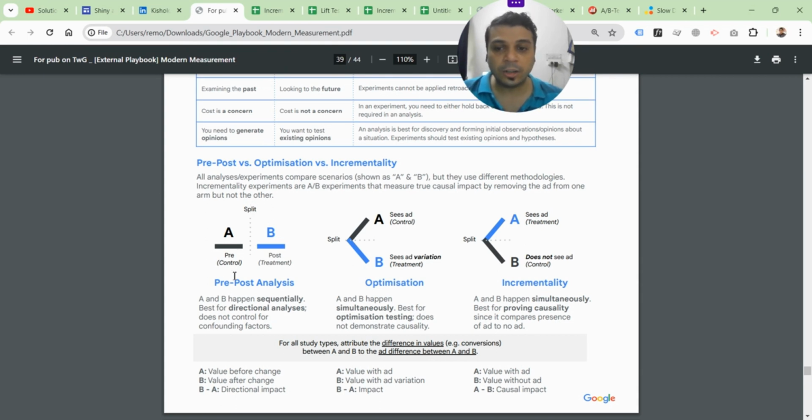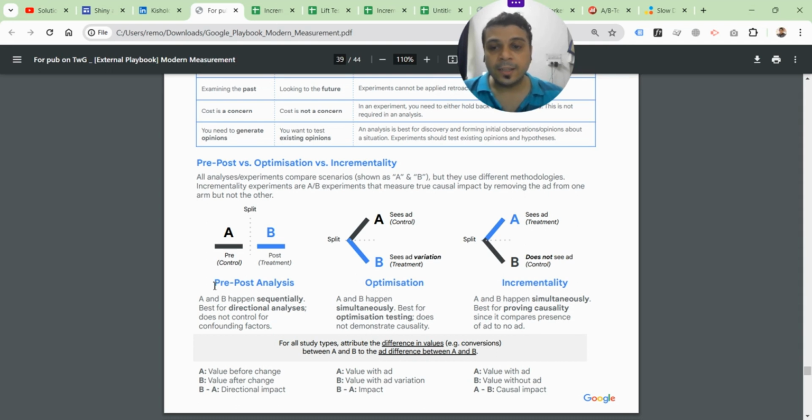So strictly speaking, they are not incrementality, but you can still broadly classify them within A/B testing experiments. But the most important point here is that not all of them are actually going to be able to establish causal impact. And ultimately, incrementality is what you want to get to in order to establish causal impact.